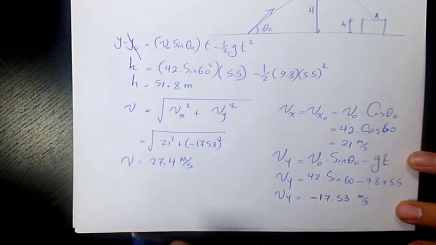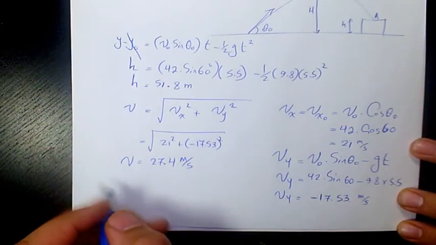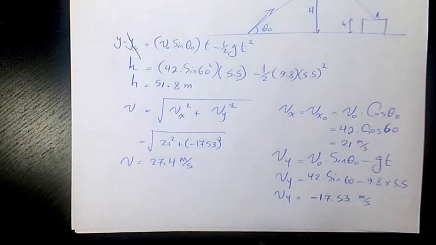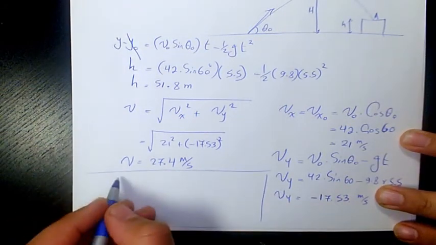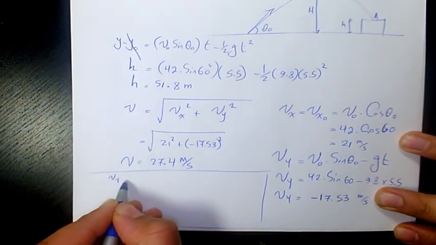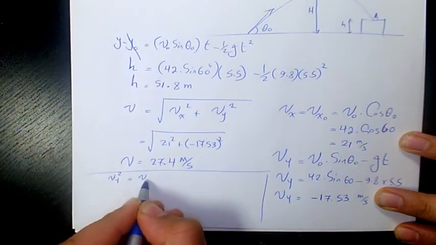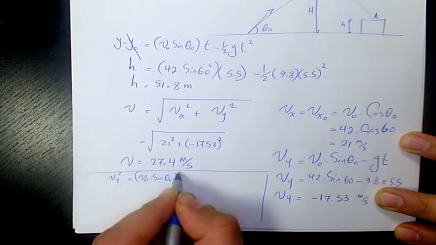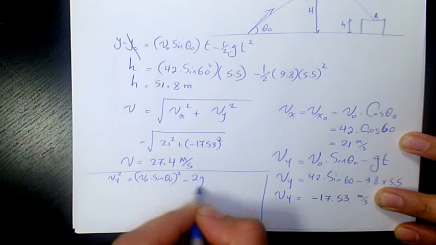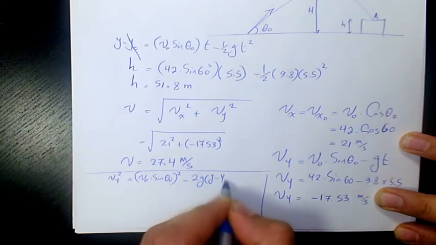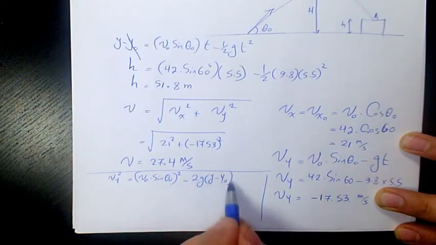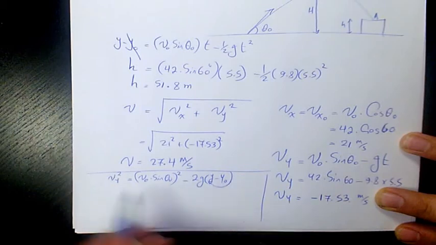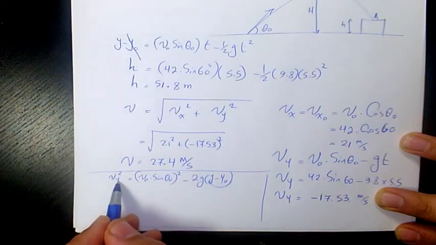Now let's find part C, which is finding the maximum height. We had this equation before: Vy squared equals Vy naught, which is v naught sine theta naught, to the power of 2 minus 2g times y minus y naught, which is the maximum height when Vy is 0.